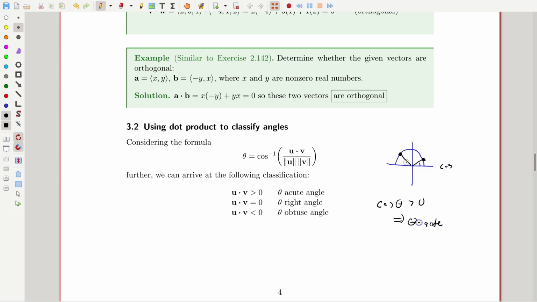It lives in the first quadrant. Maybe I can write it like that. And cosine of the angle is less than 0 implies that the angle is in the second quadrant. And so when we apply inverse cosine to both sides, we get this relationship.